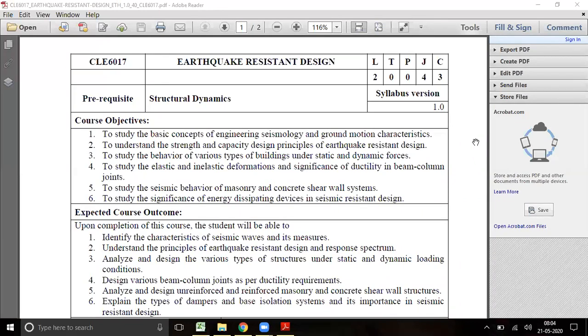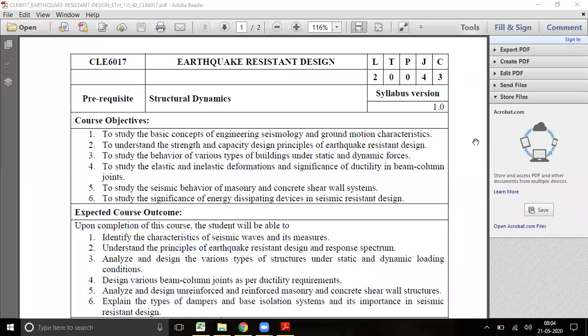Suppose the earthquake may occur with different acceleration, with different magnitude. Suppose it is a low magnitude or moderate earthquake, or otherwise a severe earthquake. So how should the building structures behave? That will come under the principles.